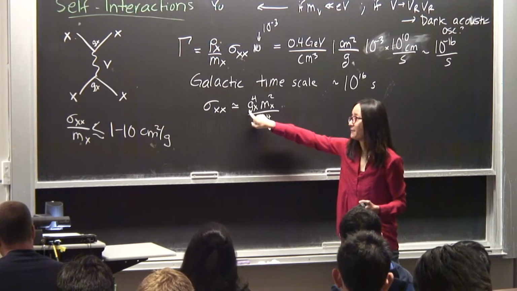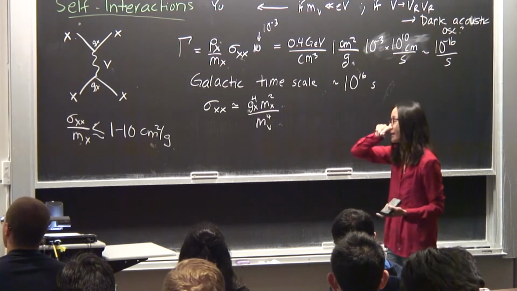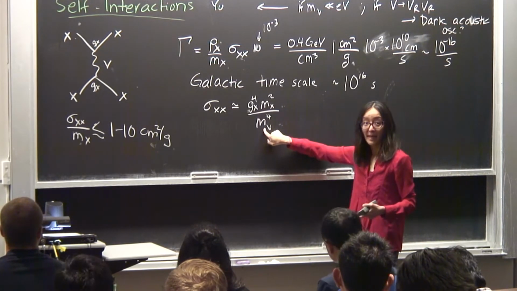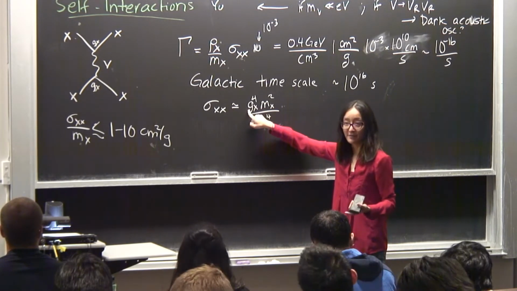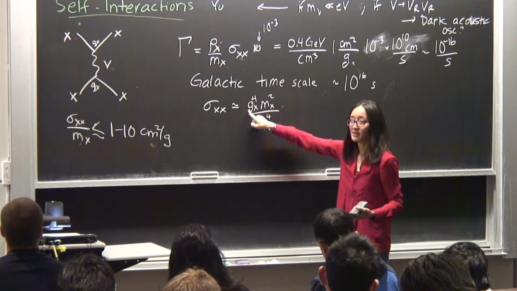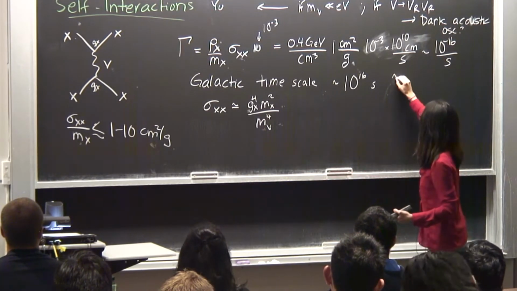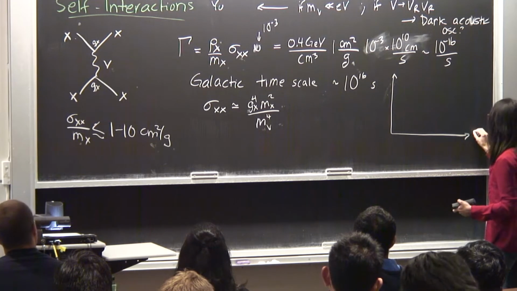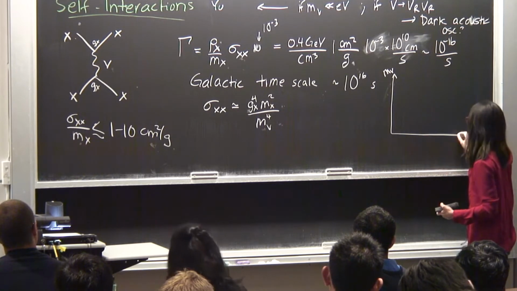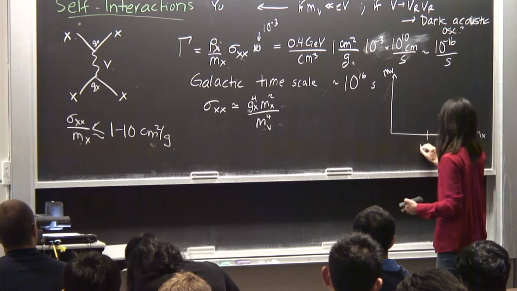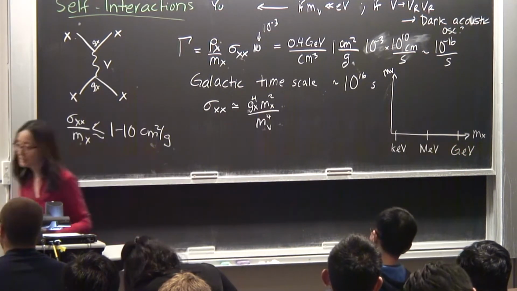And now we can ask if this coupling is the coupling I need to set the relic abundance through that annihilation process, what does that mean for the mediator mass? I need at least some sort of a minimum coupling here to get enough annihilation. So if I keep reducing the mediator mass, then I'm going to start to saturate this bound. So for a given dark matter mass, I can put a lower bound on the mediator mass.